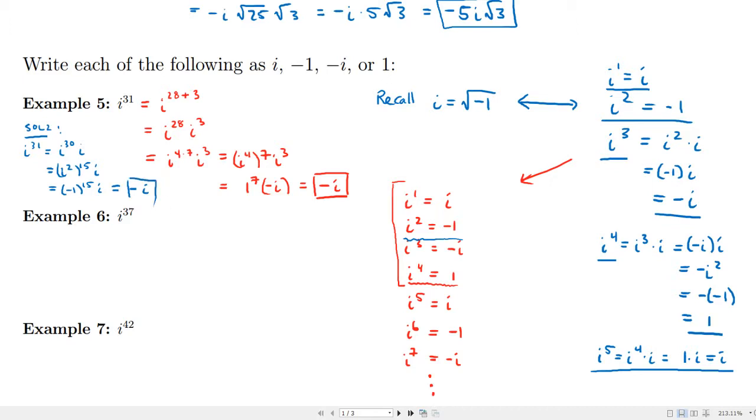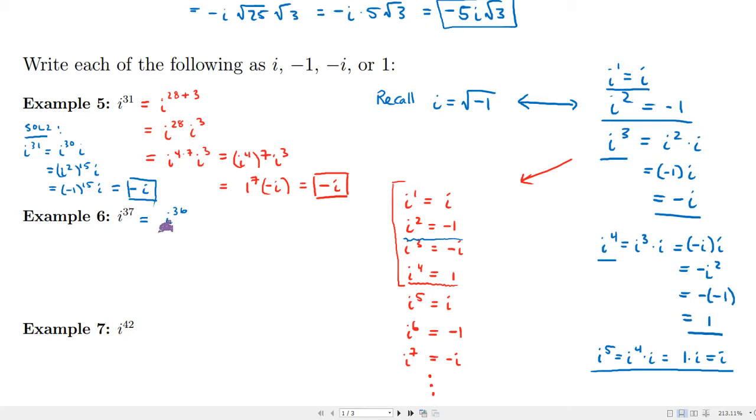So maybe that's a little bit easier because the solution method that I'm using in this one is to use the fact that I squared is -1. And then you don't have to use this multiple of 4. You're really just decomposing this as I to an even, and that's going to be a little bit easier. So let me show you that with I to the 37. So how could we rewrite this? It's already odd, so I need to write it as I to an even.